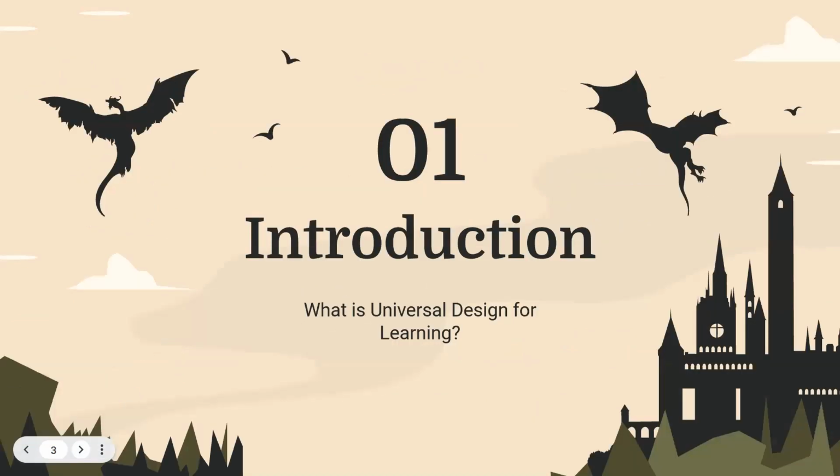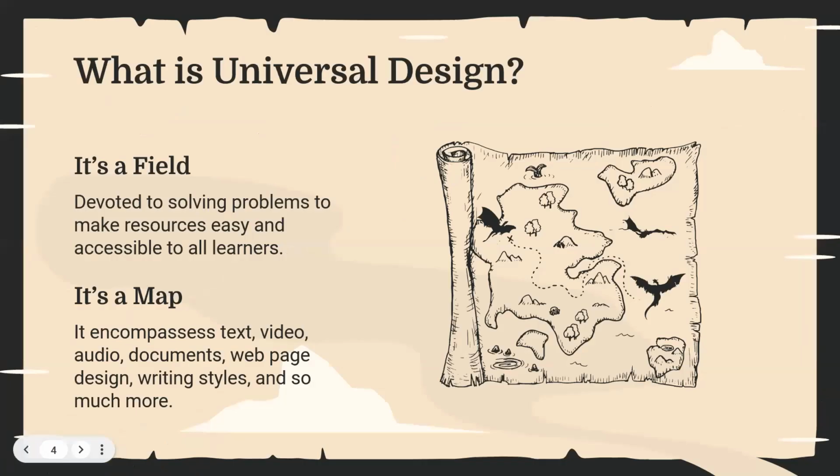So what is universal design for learning? First of all, universal design is devoted to helping students solve problems and make the resources easier and accessible for all learners, no matter what they may need it for.